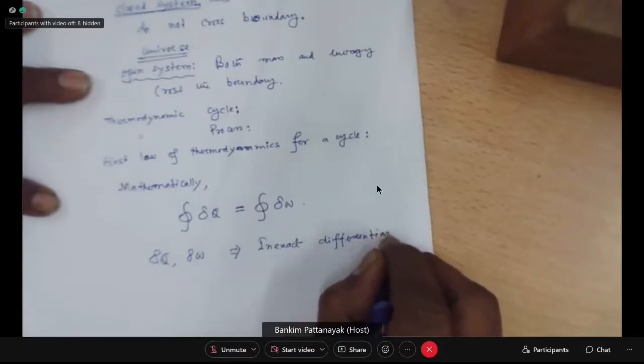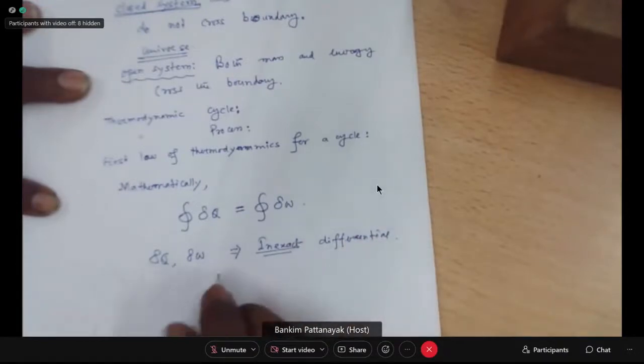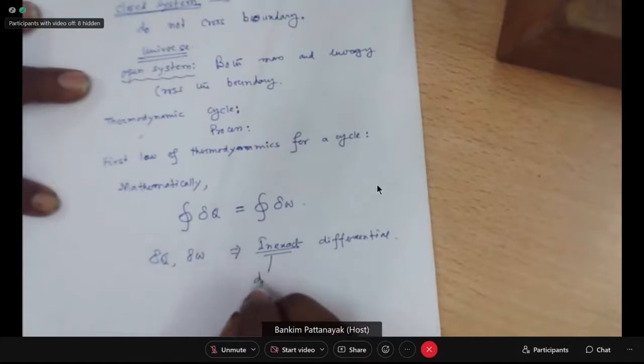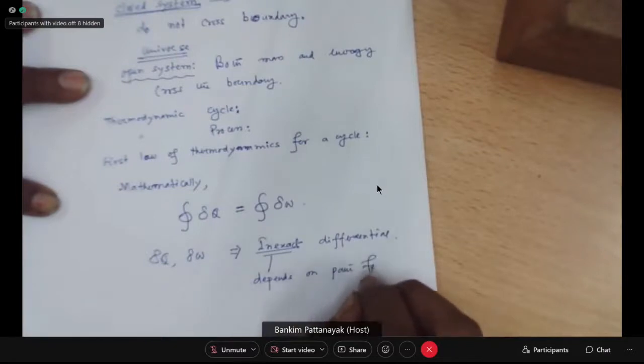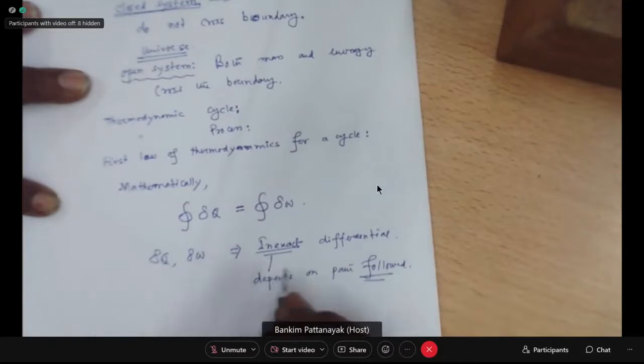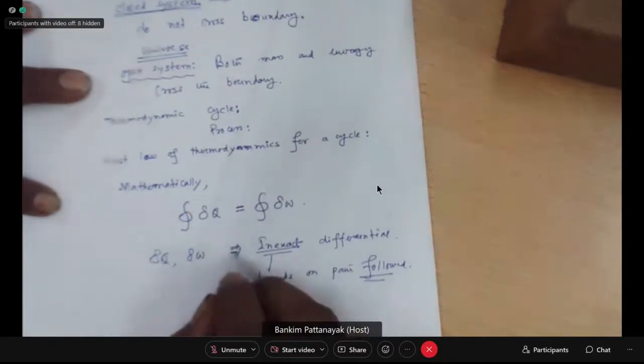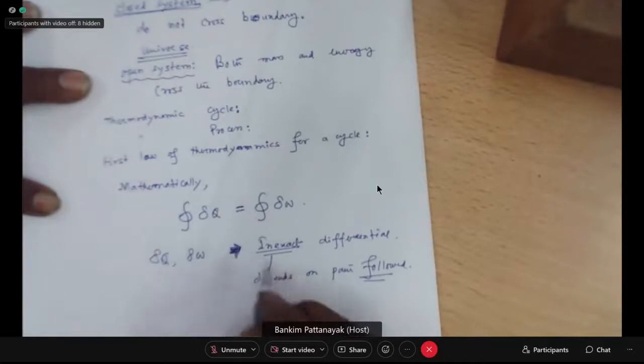What do you mean by inexact differential? It depends on the path followed. Exact differential does not care for the path. Whatever path you take, that is called exact differential.